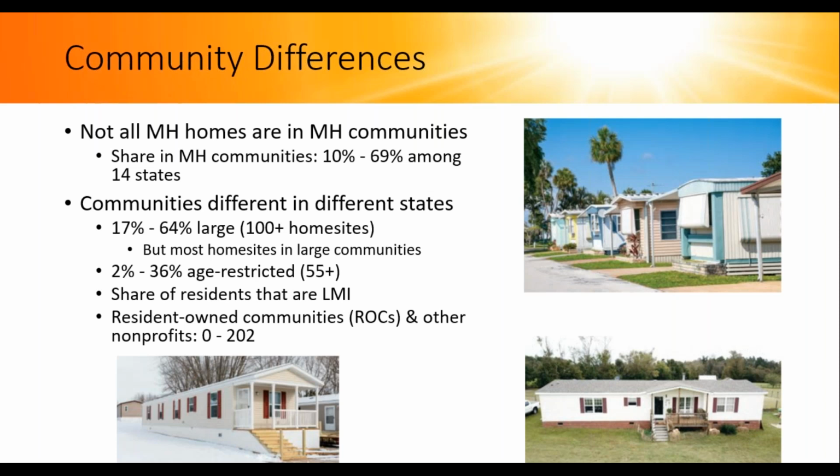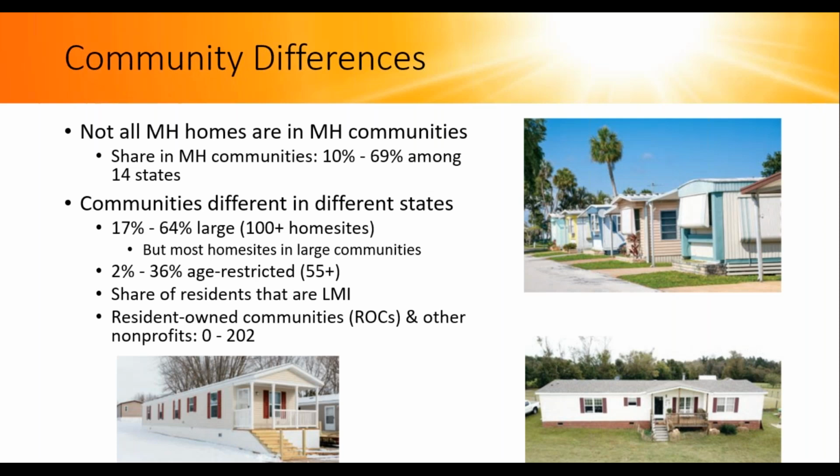And then even within those manufactured home communities, there's very big differences among the states. In some states, most of the communities are quite large. In one of the states, 64% of the communities have more than 100 home sites. In one of the other states, only 17% of the communities have more than 100 home sites.